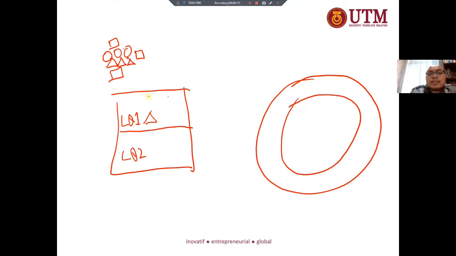The circle can interact either with liquid 1 or with the stationary phase, so the interaction is quite moderate. Maybe in this situation, the square interacts the most with the liquid stationary phase.